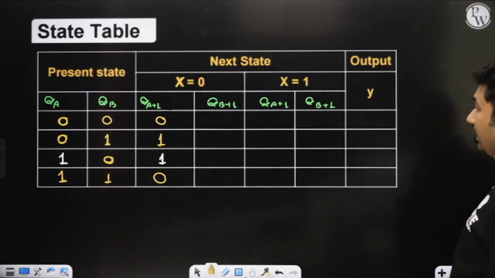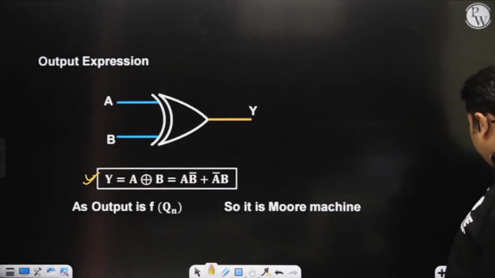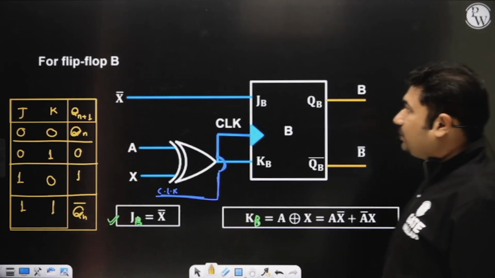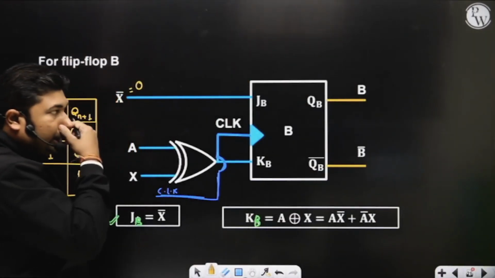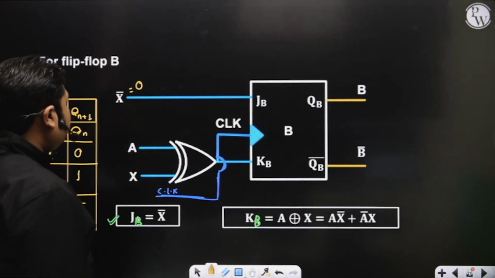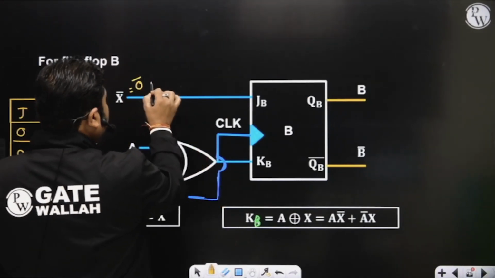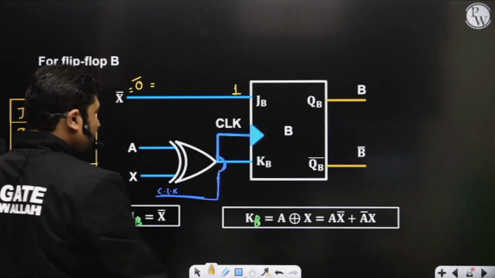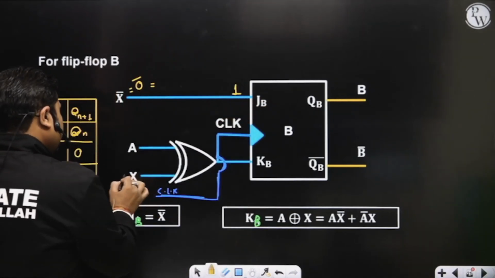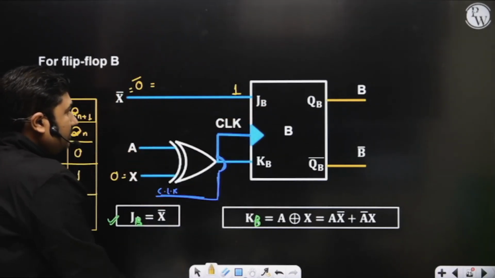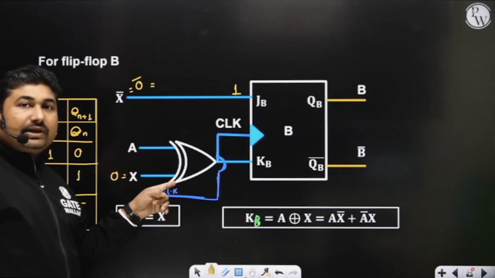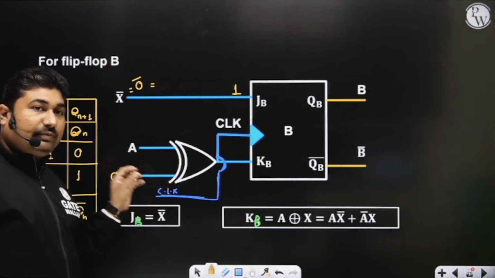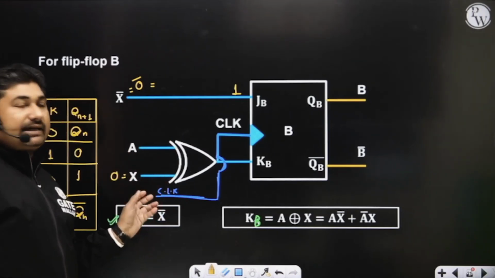Similarly, we can write it for QB plus 1. With X equal to 0, what happens to QB plus 1? With X equal to 0, it is 0 complement, that is 1, so JB is going to be 1 only. With X equal to 0, this will become a buffer, because if one input of the XOR gate is fixed as 0, it will act as a buffer.